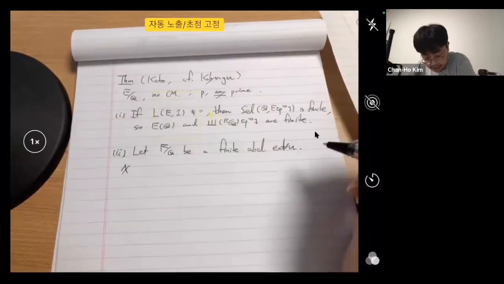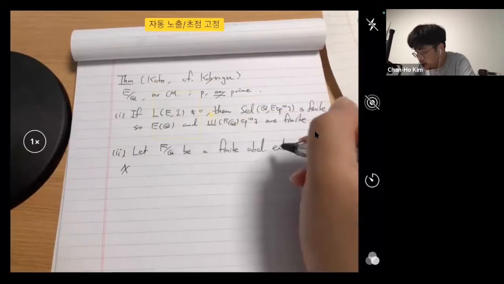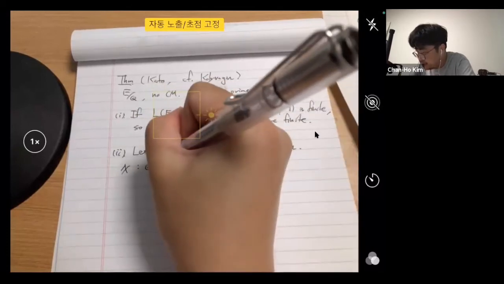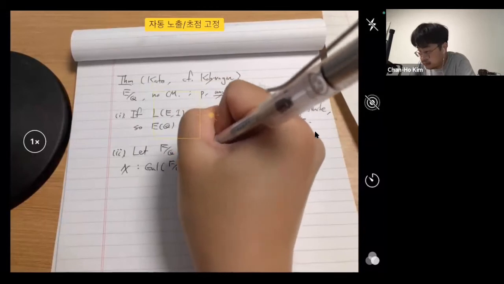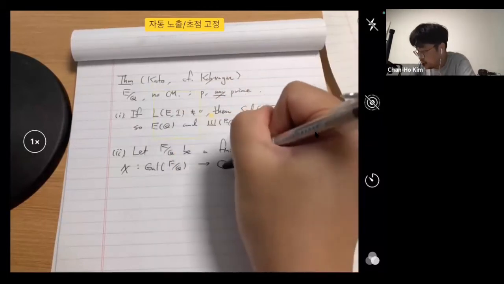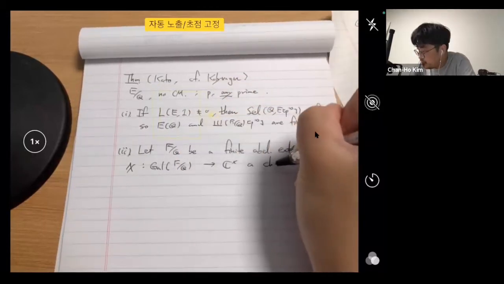And chi is a character of the Galois group of F over Q. Let's see, a character.